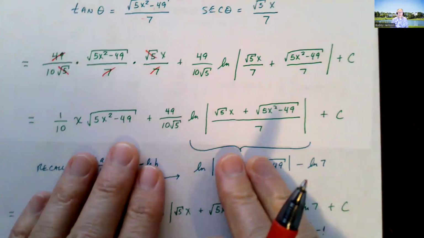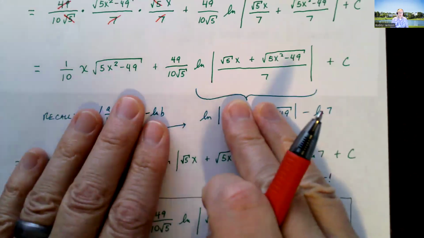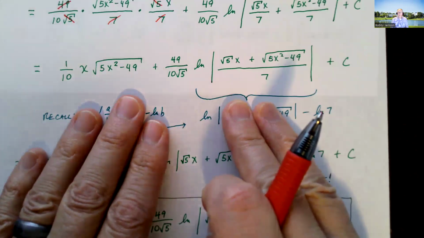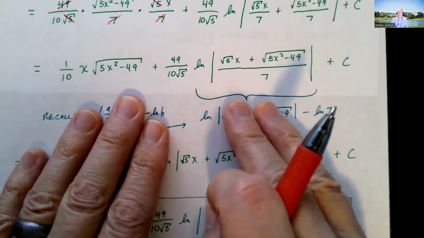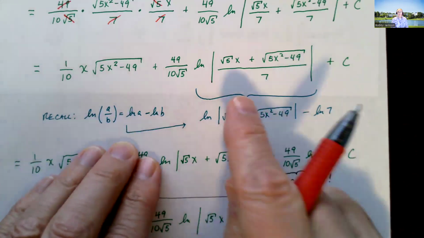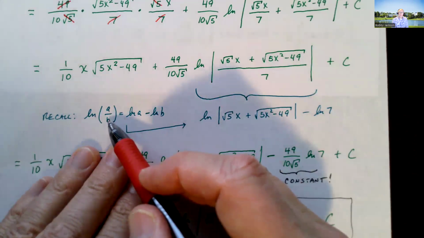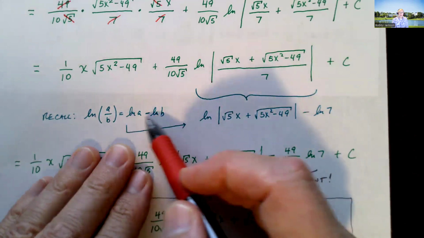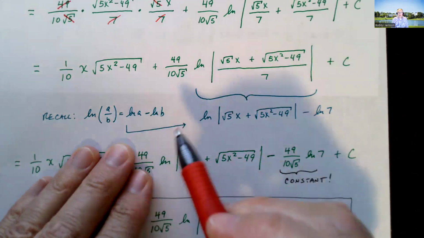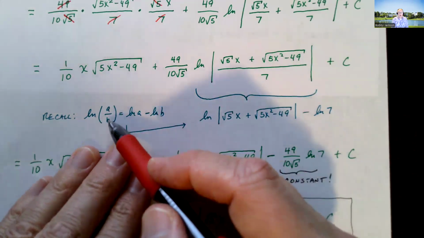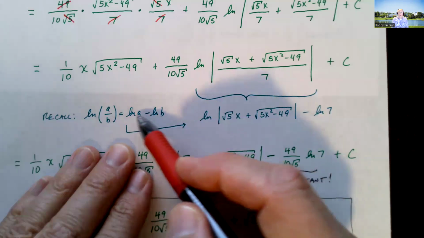Now, this would be an acceptable answer, but we can simplify it, and that's what Achieve is going to be looking for. How can we simplify it? Recall properties of logarithms. The natural log of a divided by b is just the difference of the logarithms, right? Remember, logarithms being exponents, that's what we do when we divide like bases to different powers, we subtract the exponents.